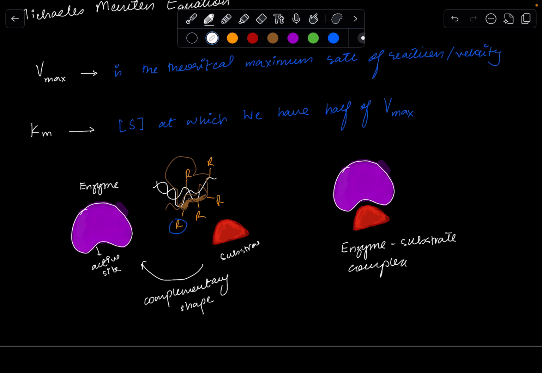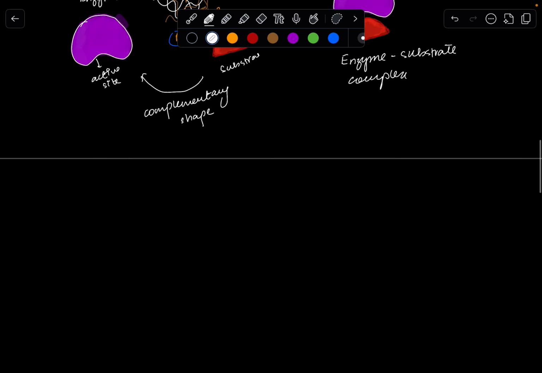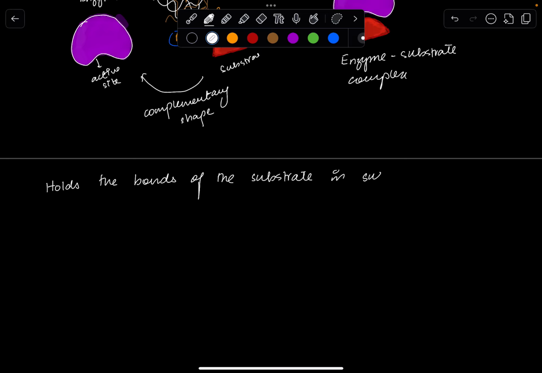And what this enzyme substrate complex does is that it holds the bonds of the substrate in such a way that it adds stress onto the bonds.